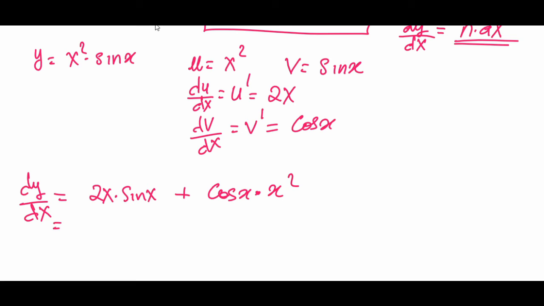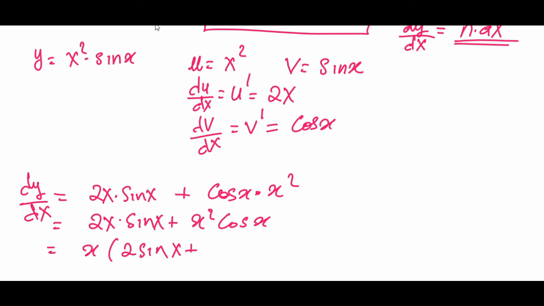So I will obtain 2x times sine x plus x squared cos x, and this can give me at the end x times 2 sine x plus cos x.